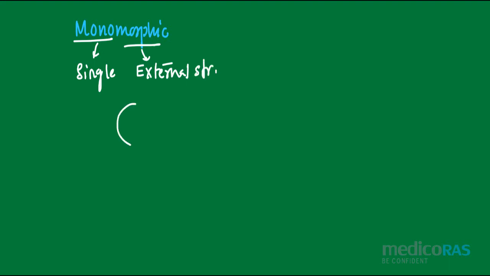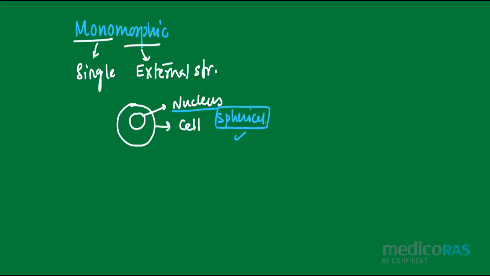Check the structure: if this is a cell, and inside it I have this kind of nucleus, that means it has a structure, spherical or any kind of structure, but it should be only one. It may be spherical, round, or irregular, but that irregularity doesn't have different kinds; only one irregularity it might have. In that case, it is known as monomorphic.